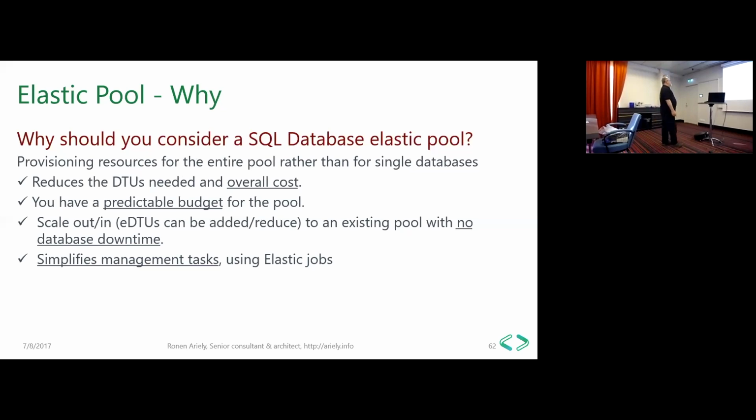The next reason to move to Elastic Pool is very important, and it's a bit less known. It's the downtime. Every time that you change the pricing tier or the configuration of the database, if you manage it as a separate database, you feel a downtime. But if you work with Elastic Pool, you don't have any downtime most of the time.